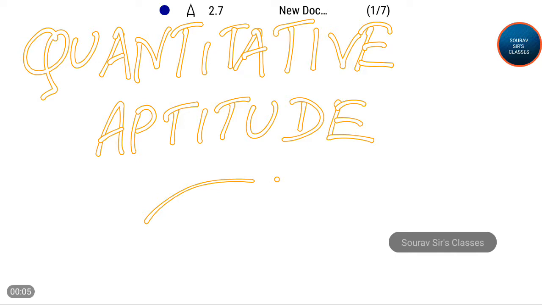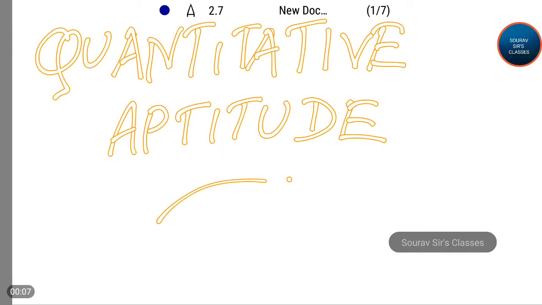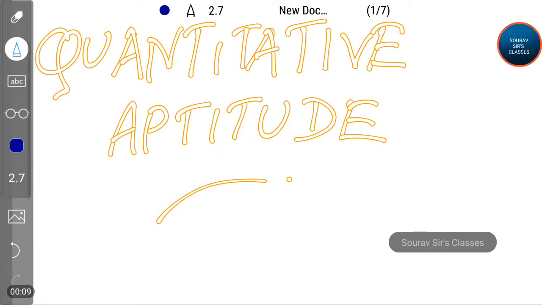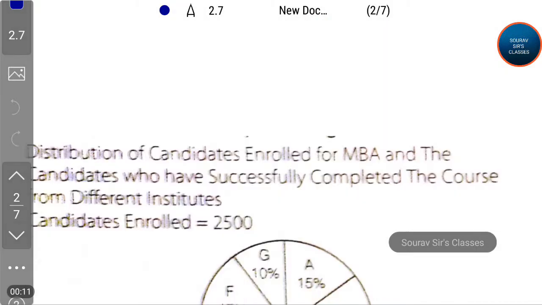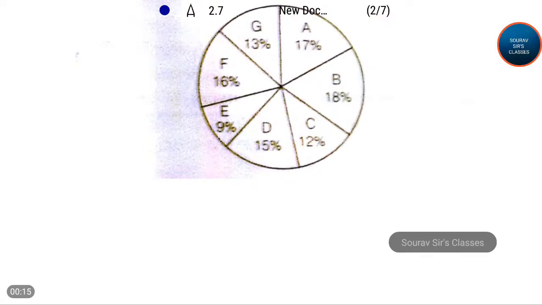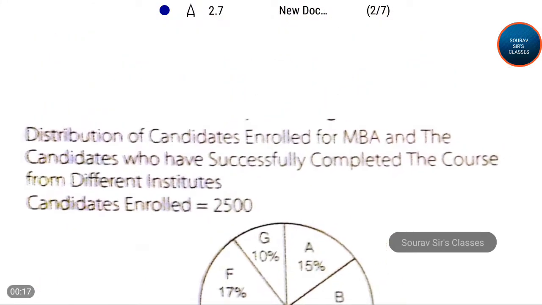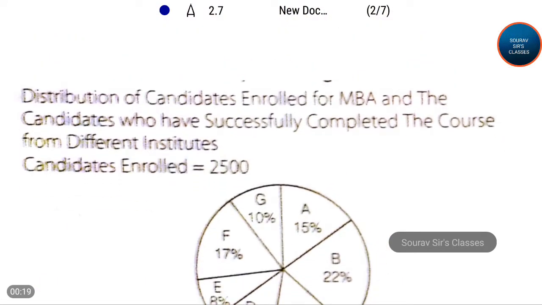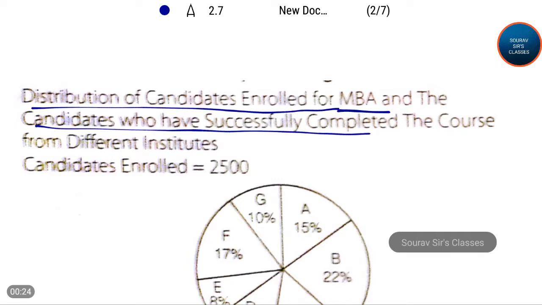Today our topic is quantitative aptitude, and here a pie chart is given. We have to study this pie chart and solve some questions. In this pie chart, the distribution of candidates enrolled for MBA and the candidates who have successfully completed the course from different institutes are given.